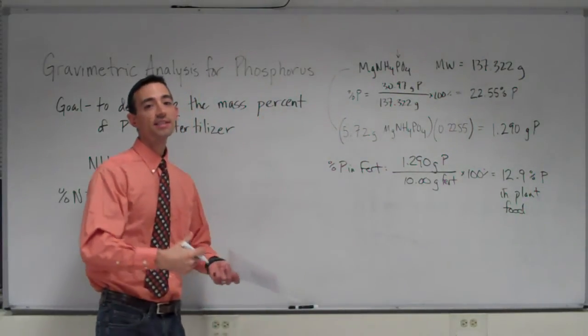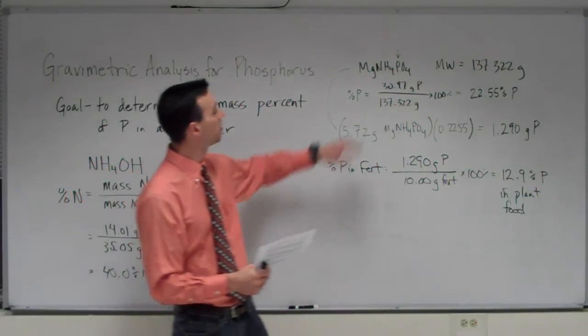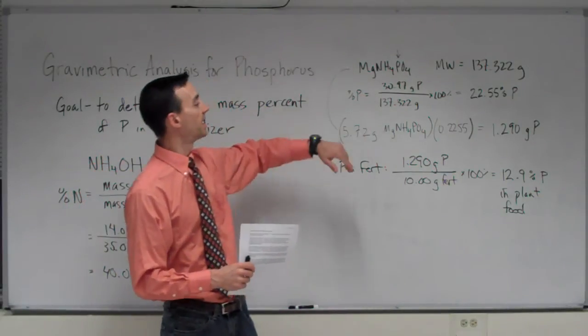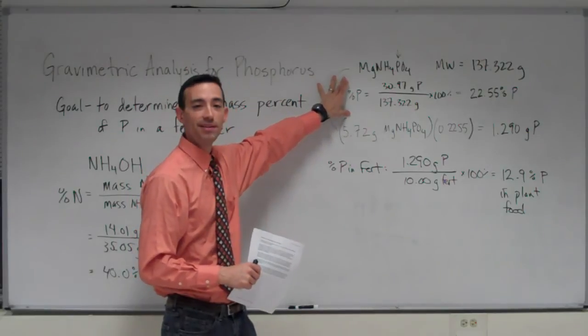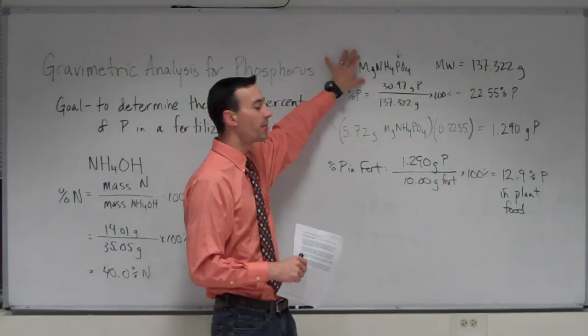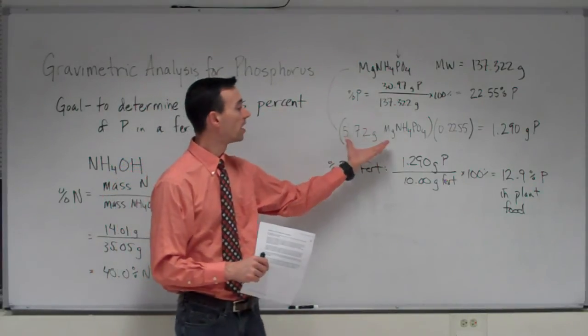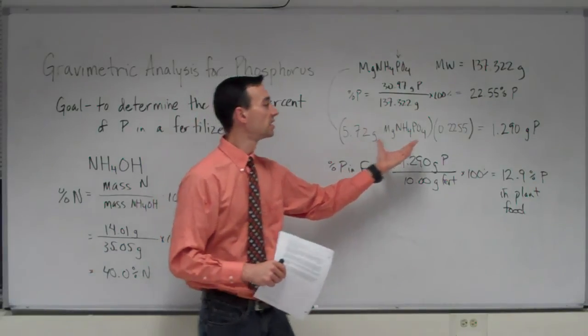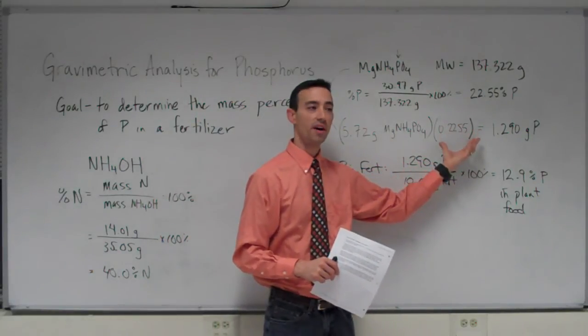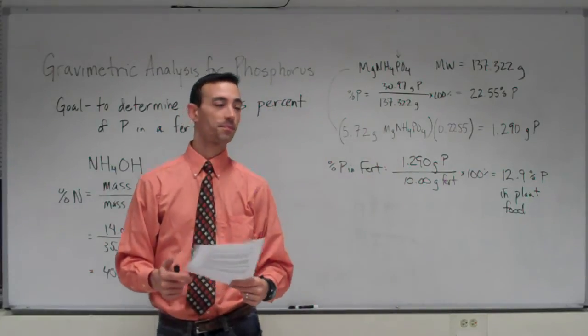So in a nutshell, that's what you'll be doing in lab today. You'll be collecting magnesium ammonium phosphate, and now that we've already determined the percentage that phosphorus accounts for in that compound, you simply need to take the weight of your sample of magnesium ammonium phosphate times this 22.55%, and that will tell you how much phosphorus you have.